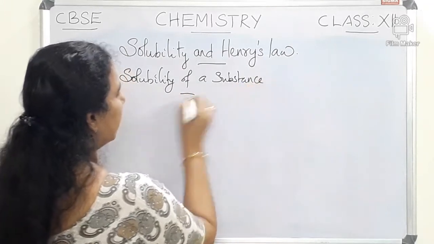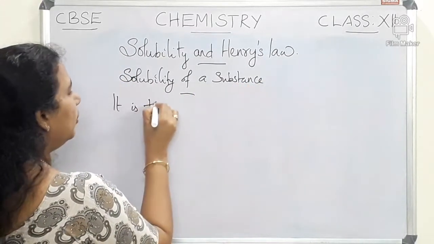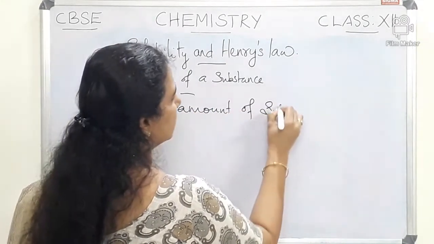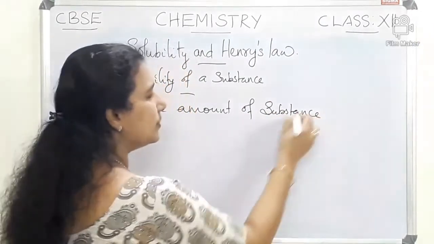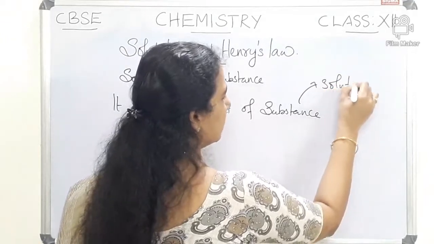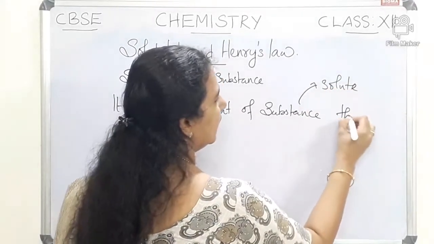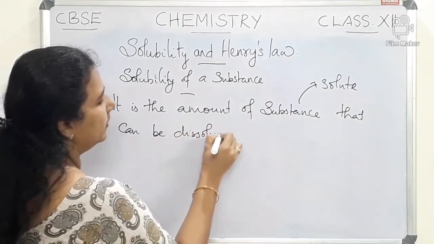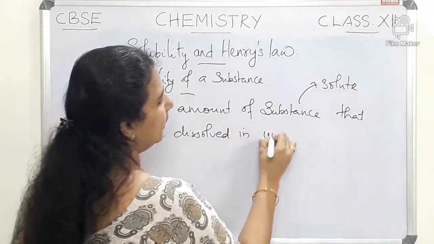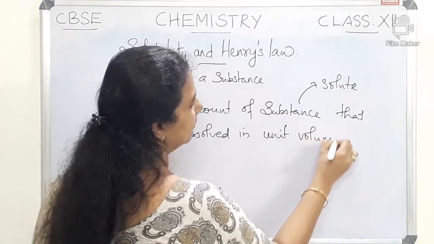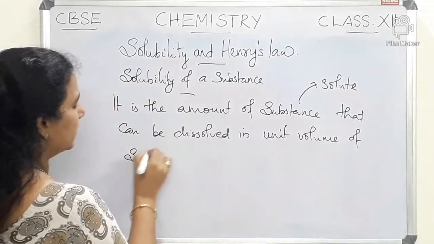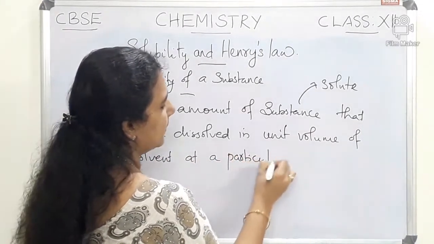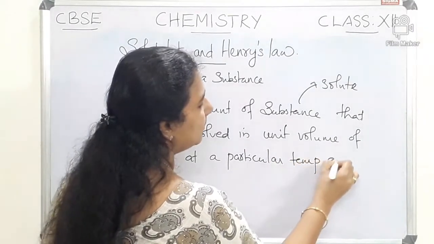Solubility of a substance is defined as the amount of substance, in the case of a solution the solute, that can be dissolved in unit volume of solvent at a particular temperature and pressure.